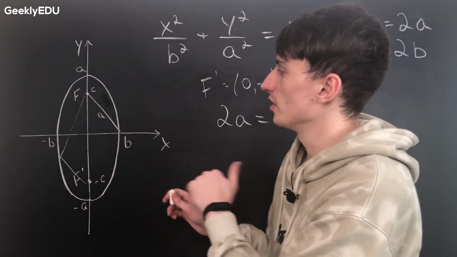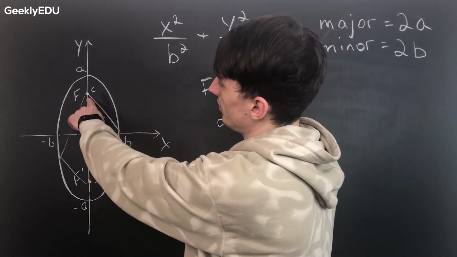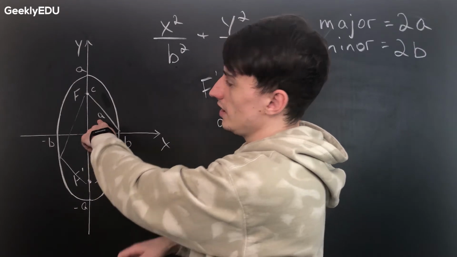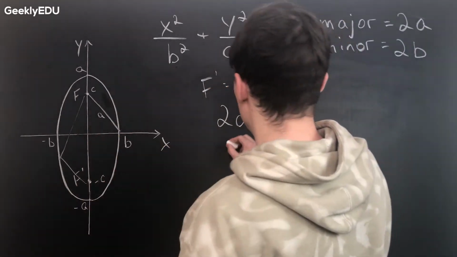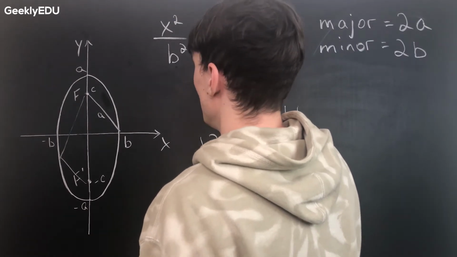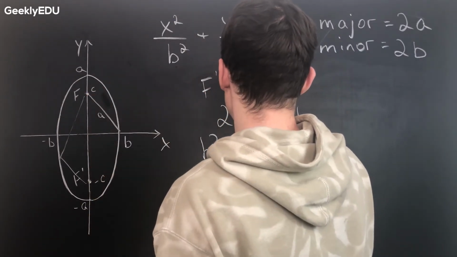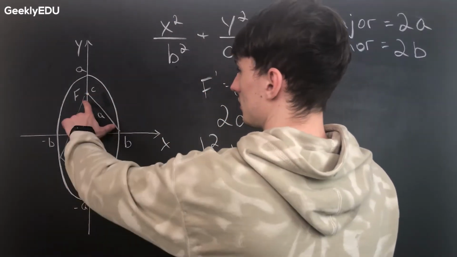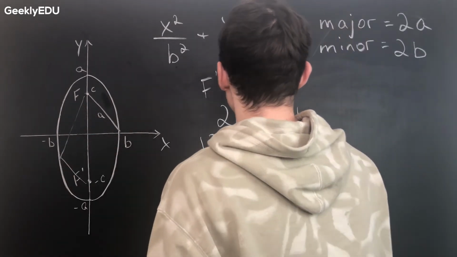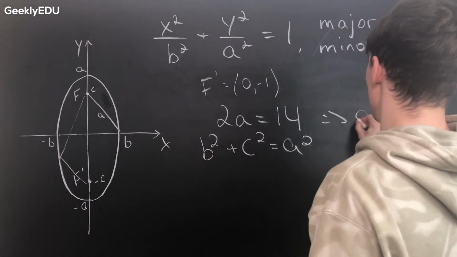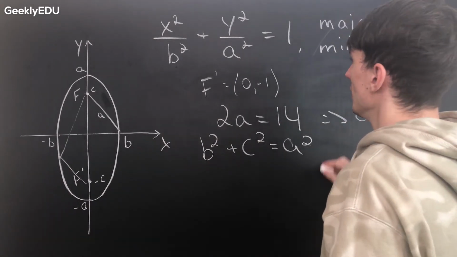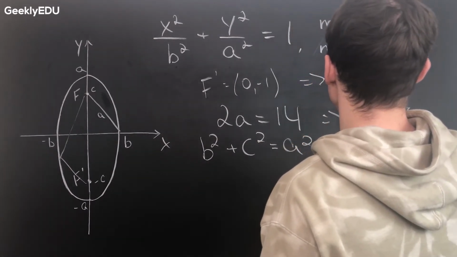Now another property that we know is the distance from one of the focal points to the x-intercept is equal to a. Now using the Pythagorean theorem, we know that b squared plus c squared equals a squared, right? And we already know two of these values. We know that a equals 7, and we know that c equals 1.